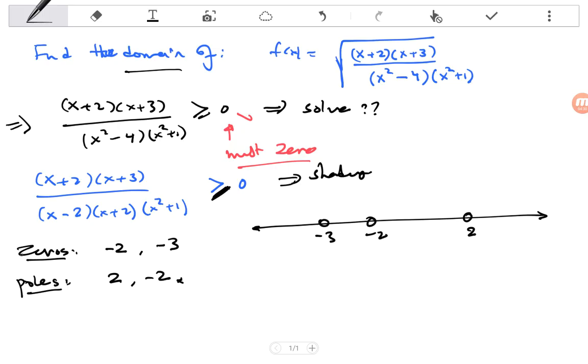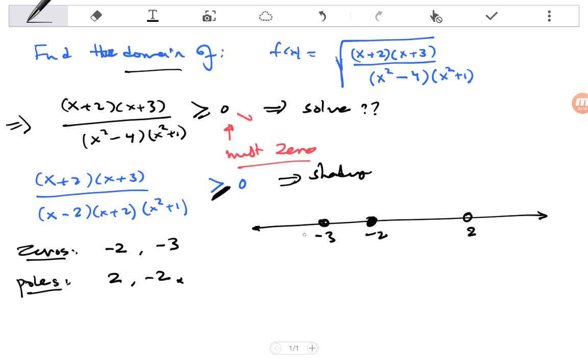What is the shading? I shade all the zeros except if there is a 0 that is also in the poles, because poles are never shaded. Poles are never shaded. So which numbers should I shade on these? -2 and -3.